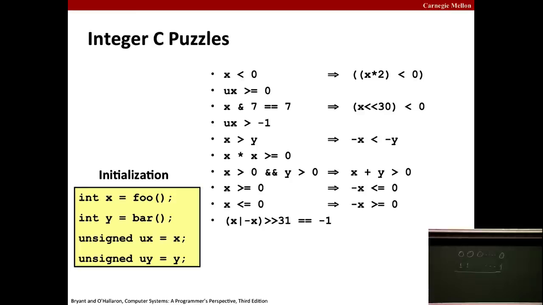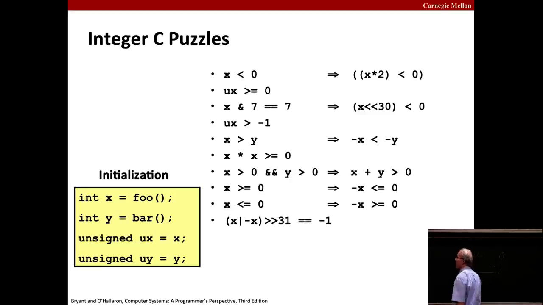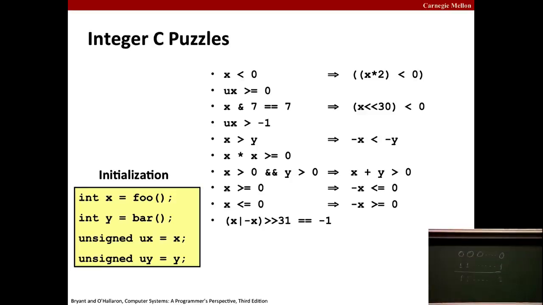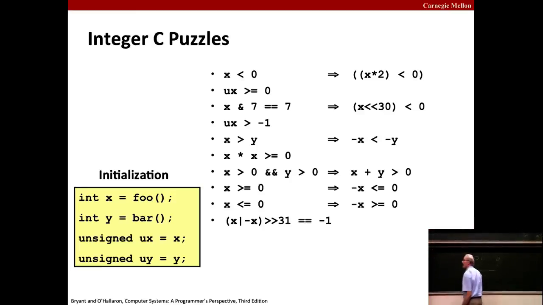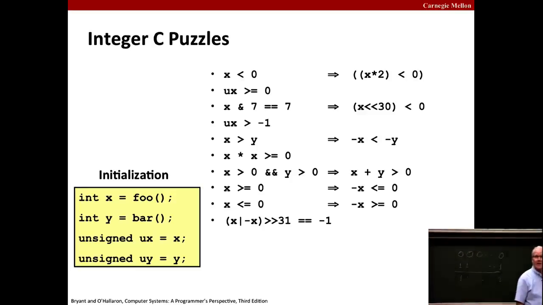And I OR them. That works. So what's wrong with this? Oh, but if I shift this to the right 31 places, it's going to shift arithmetically. Oh, I see. Oh, I'm sorry.